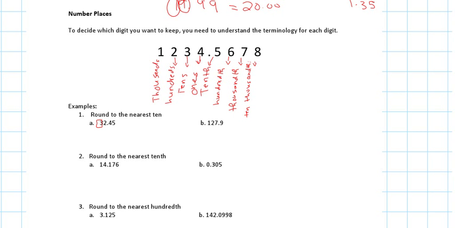So what would the answer be? It'll be 30. If you think about it this way, 32.45 is closer to 30 than it is to 40.